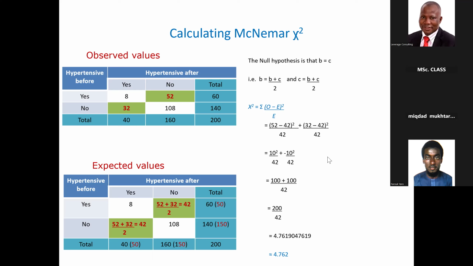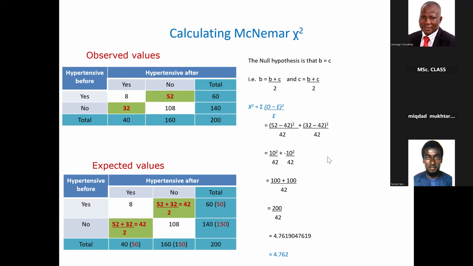The null hypothesis is true when the number that changed from hypertensive to non-hypertensive equals the number that changed from non-hypertensive to hypertensive. That means the intervention did not do anything. There's no change. It is like somebody taking some steps forward and the same steps backward. His position has not changed.